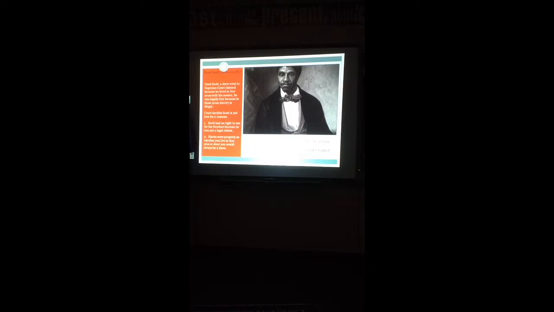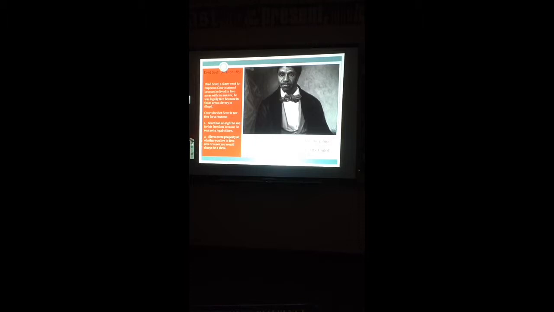So even though they lived in a free state, his position as a slave said, you don't have any right to sue because you're not a citizen. Only citizens have those kind of rights. So whatever your argument is, you can't even bring it to the court because you don't have the right to do that because you're not a citizen.